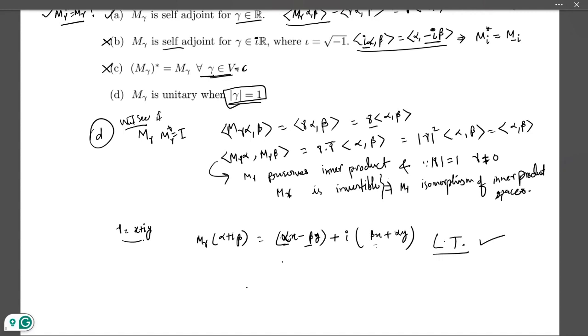It is invertible. You should check, because when gamma is non-zero, then it is invertible. I'm leaving that part, the invertible part. This is actually an isomorphism of inner product spaces. That is also something to be checked here. Okay, so I'm leaving this. Be careful.